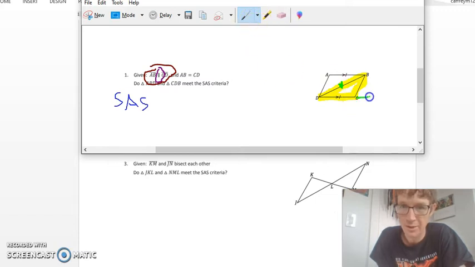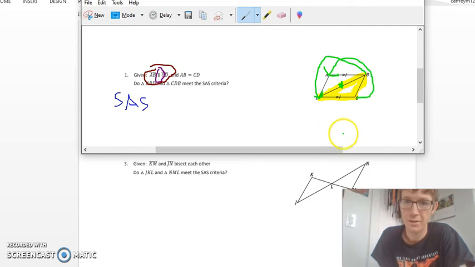Basically, this C would come all the way around to here, to where A is. The B would come all the way around to where D is. And this point right here would come all the way around to where B is. So basically, if you rotate this around this point here 180 degrees, it'll map one triangle onto the other.